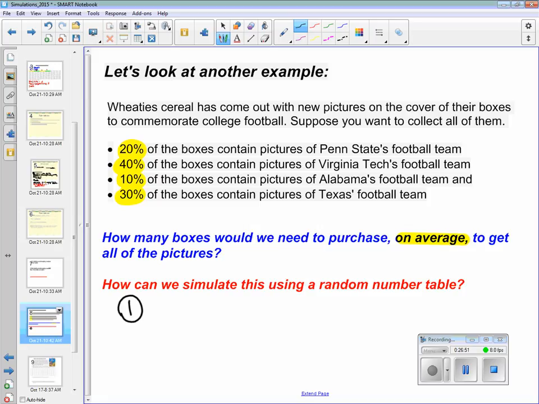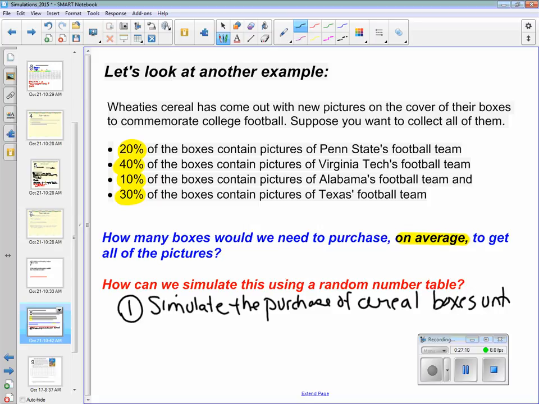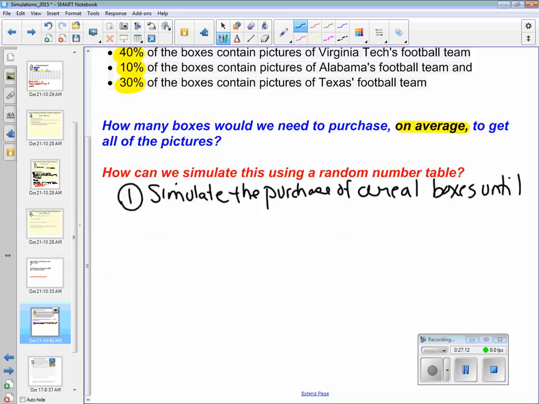So I'm going to simulate the purchase of cereal boxes until I get one of each.